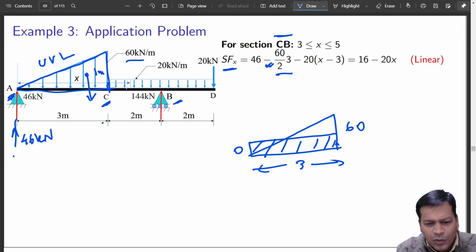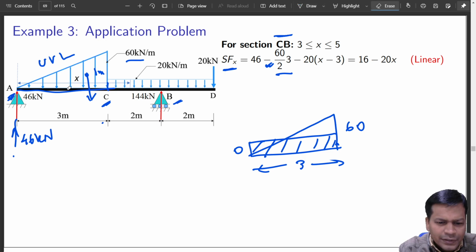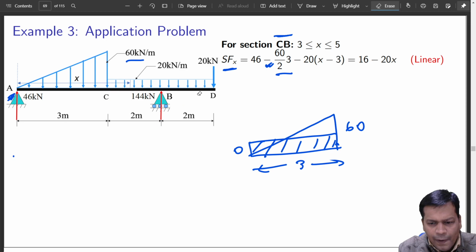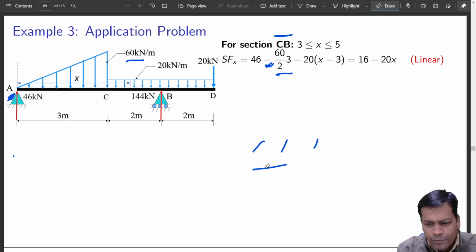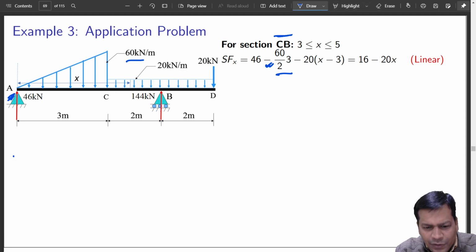Now talking about this region. Let me clear it off a bit. Okay. So now which region? It is a distance x that lies between C and B. So in that case, the load due to the uniformly distributed load, how much is that?